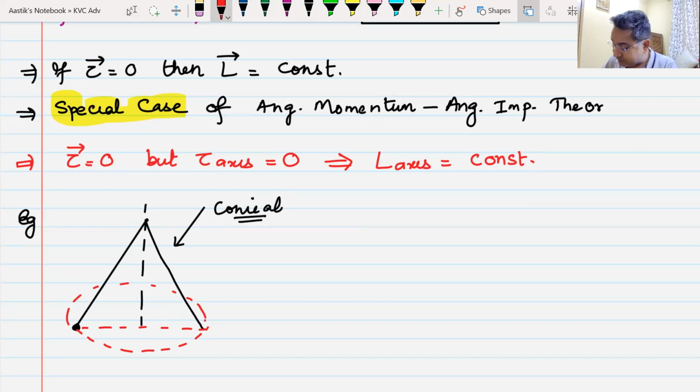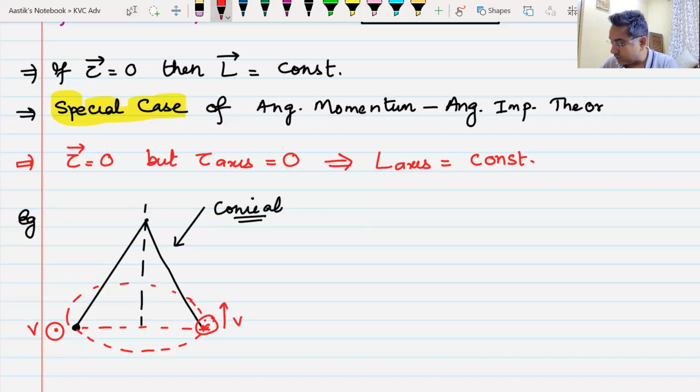Now, in this conical pendulum, it is coming out from this point, let us say, with a velocity v, and it is going inside from here with a velocity v. Now if you draw the free body diagram, I hope you understand the meaning of this, yes or no?